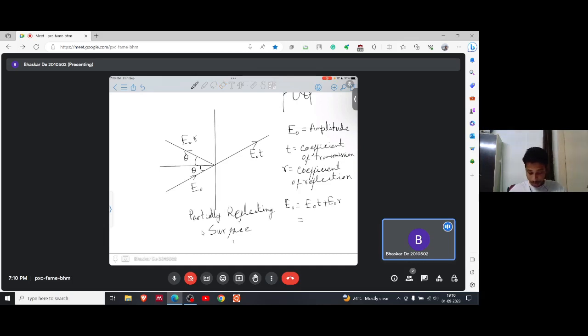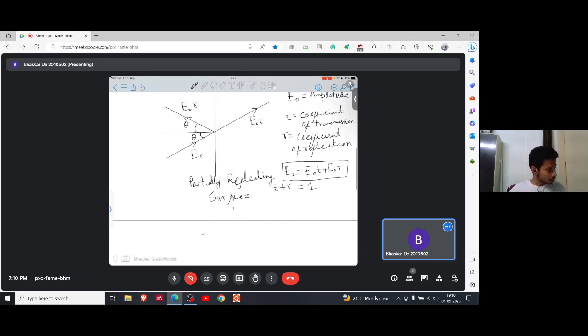Some part may also be absorbed by the surface, but if there is no absorption, then it satisfies this equation. That means t plus r equals 1.